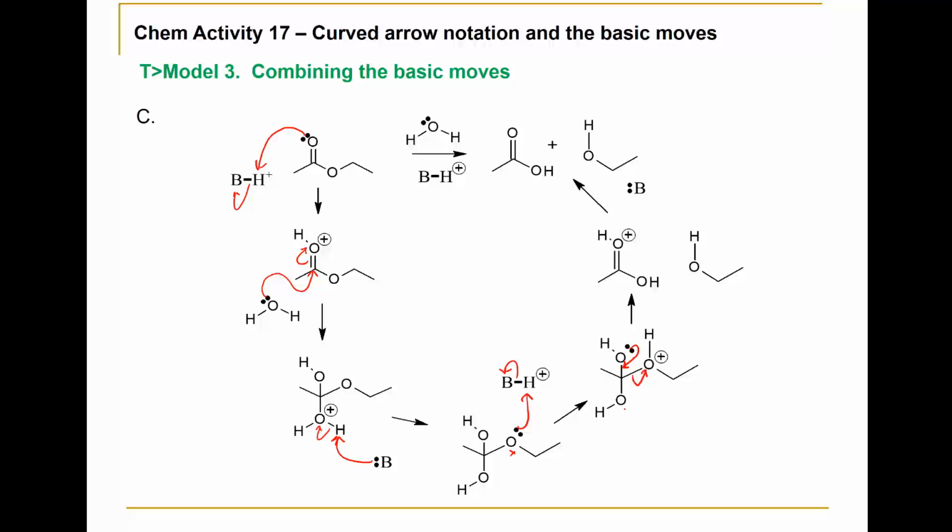This is just leaving group leaving. And then finally, we have a proton transfer. So 3 of the basic moves were included in this overall reaction mechanism. The only thing that was missing was the rearrangement.